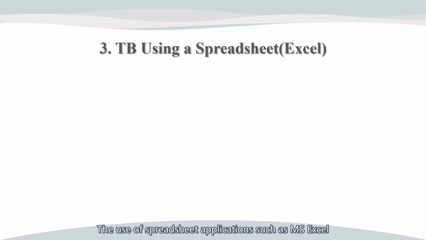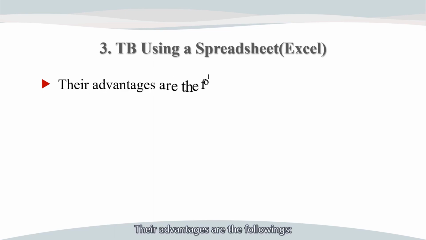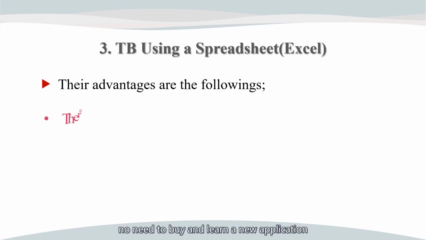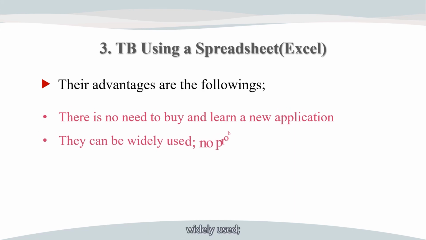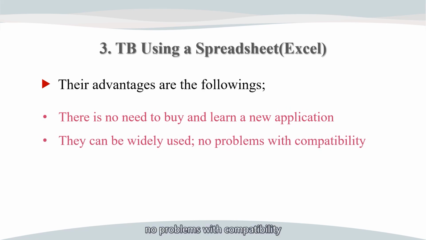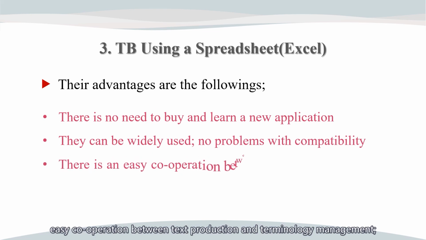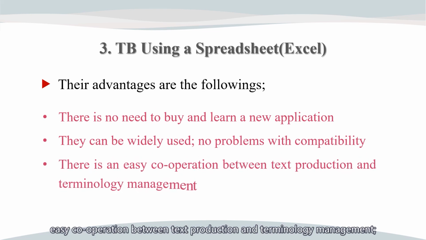The use of spreadsheet applications such as MS Excel has become very popular in translation agencies. This is probably because Excel spreadsheets are used by many software companies to record the translation of their programs. Their advantages are the following: low need to buy or learn a new application, widely used, few problems with compatibility, easy cooperation between text production and terminology management.